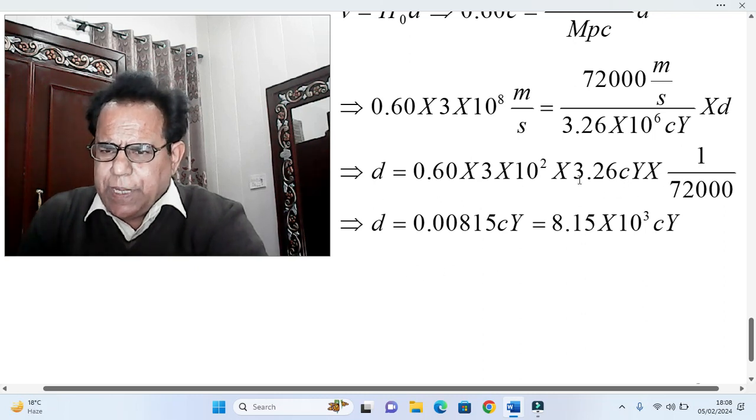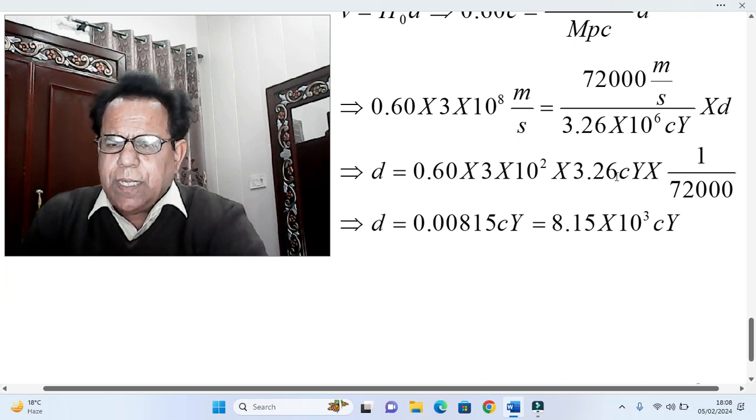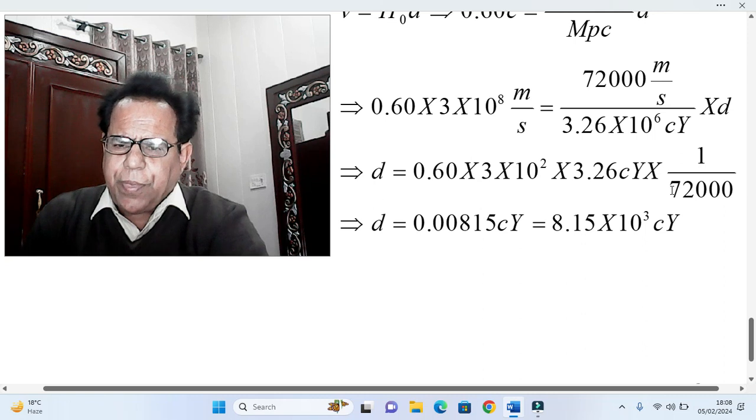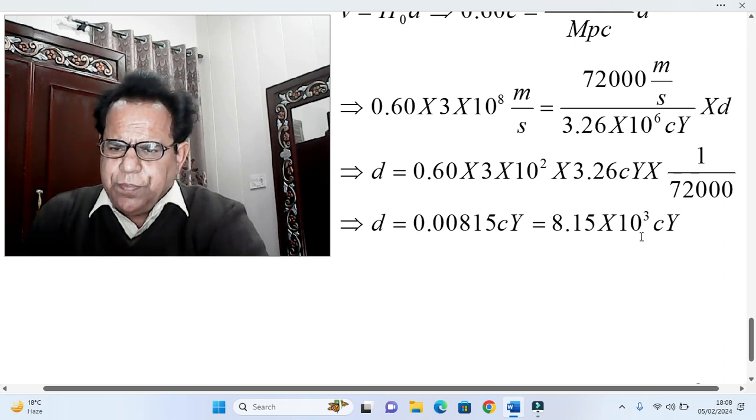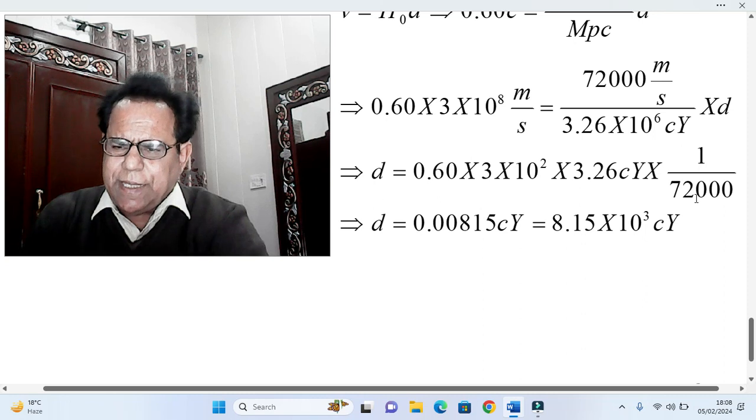Actually, dear students, perhaps during simplification you can also check this manually. Because here some minor mistake appears.